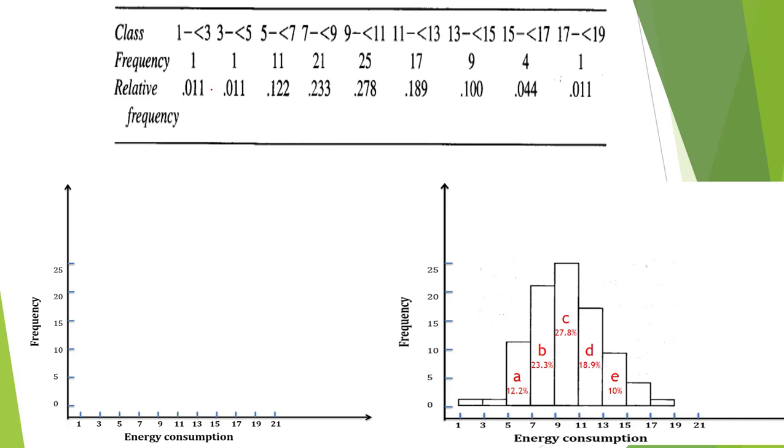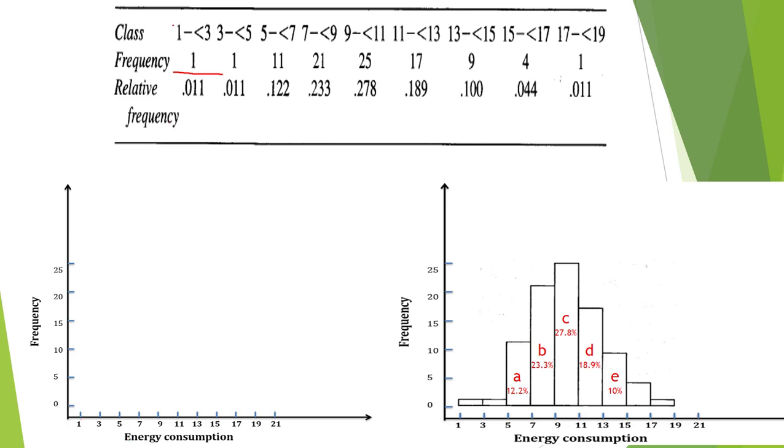So now let's take a look at my XY coordinates I have here. For the first class, I have 1 home with energy consumption 1 to 3. So you look at my x-axis.